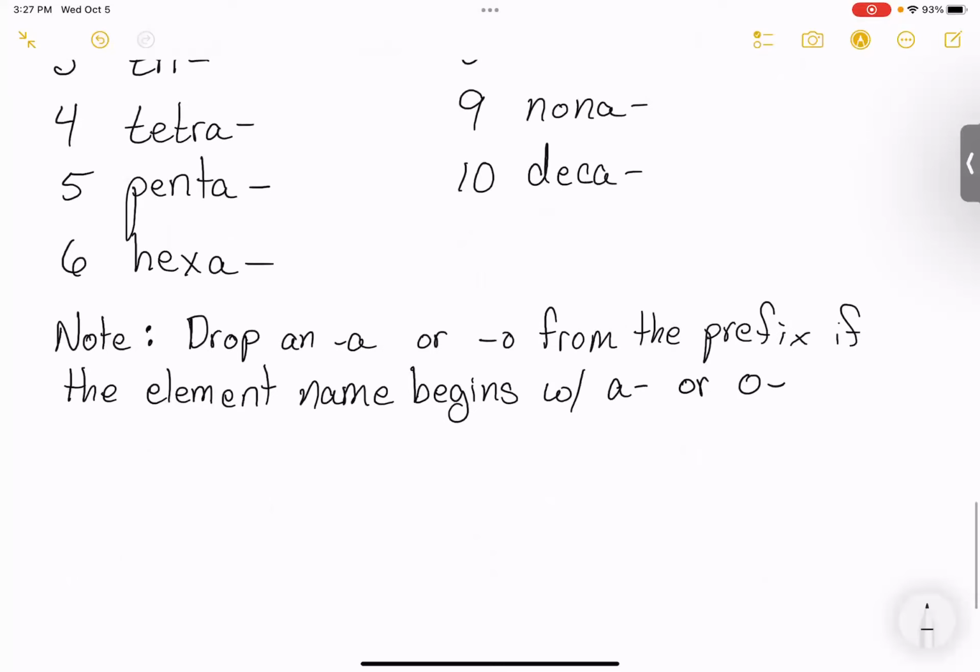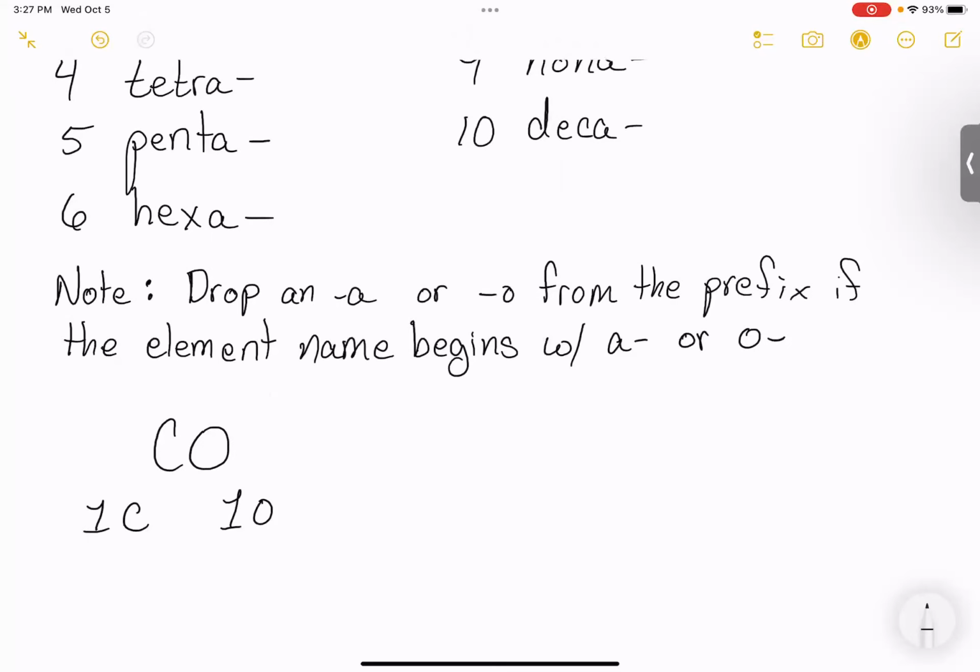So let me go back to my original example of CO. We have one carbon and we have one oxygen. Technically, one means mono, and the second element gets the ending -ide.